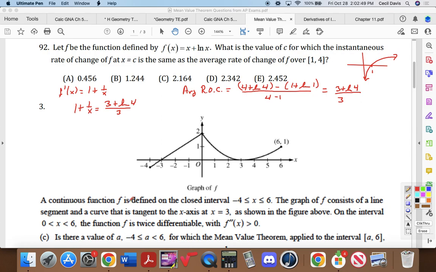You can spend a lot of time trying to work this out to make it nicer and try to solve it for x and then put it into your calculator. It's a complete waste of time. At this point, you should just move everything to one side, set it equal to 0. So 3 plus the natural log of 4 over 3 minus 1 minus 1 over x needs to be equal to 0.